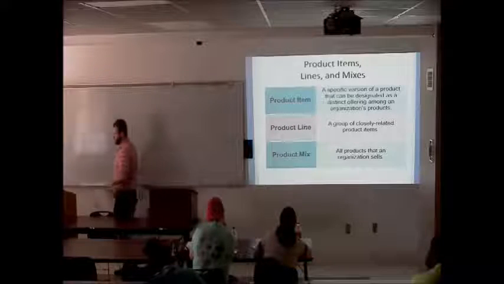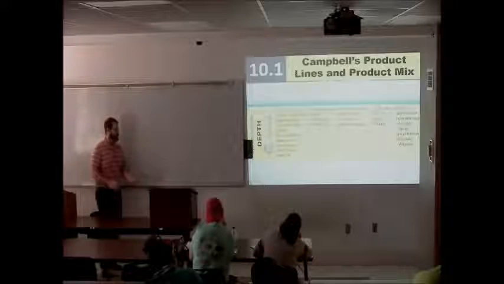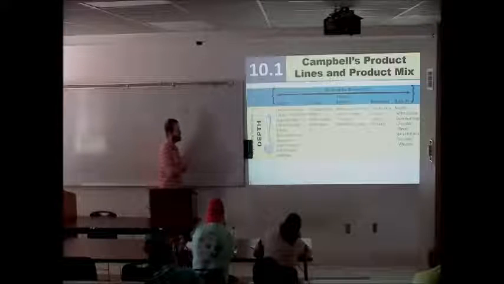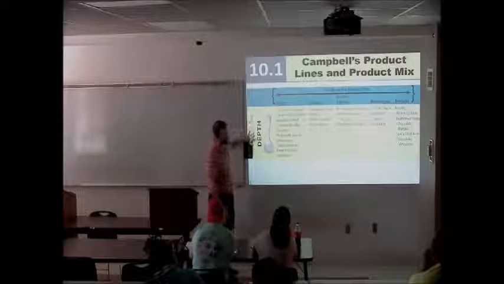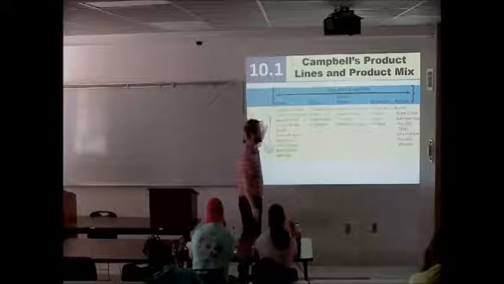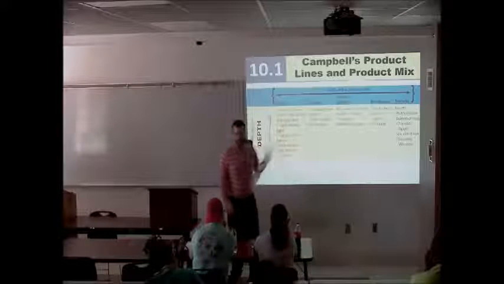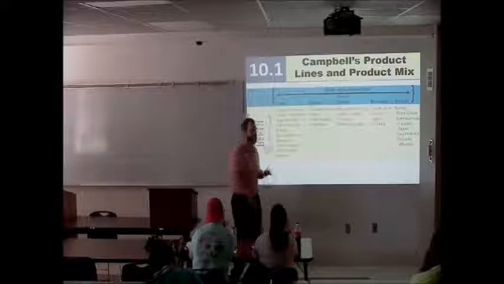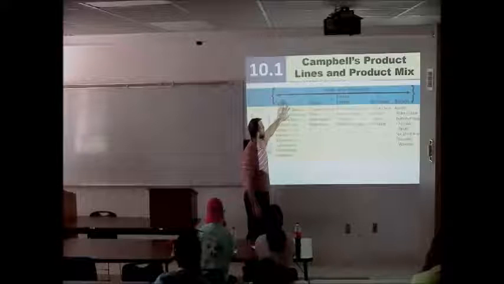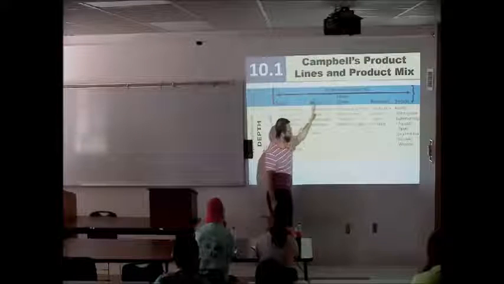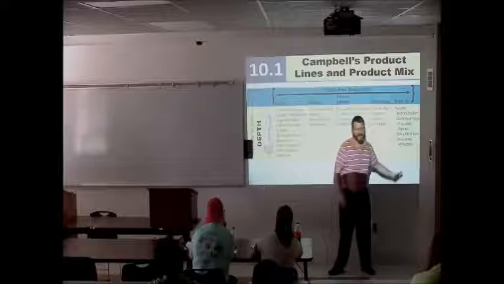For instance, in your book, this deals with section 2 of your semester assignment. This is an example of Campbell's product mix. When we look at how many different lines a company has, that is the width of the product mix. So they have the soup line, the sauces line, the frozen entrees line, the beverages line, the biscuits line.